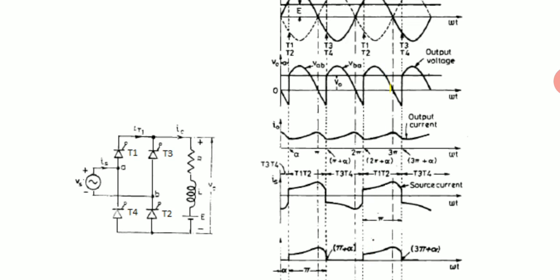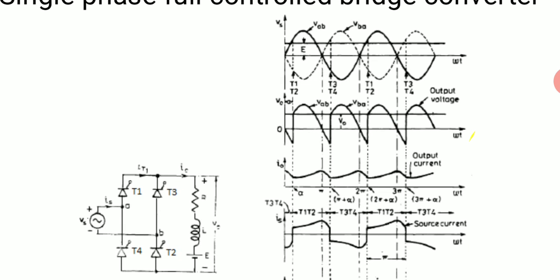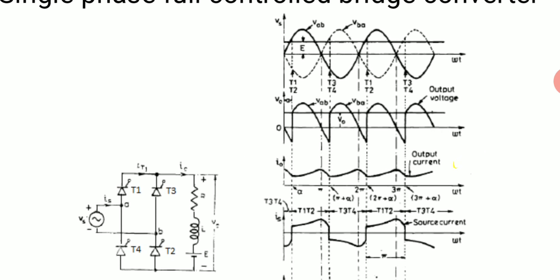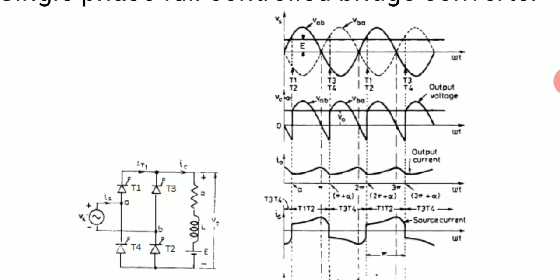In this case, here you can see that we have represented Vs voltage in form of two sine waveforms. One is represented by solid line and the other one is represented by dotted line. The waveform represented by solid line is Vm sine omega t, and the waveform represented by dotted line is reverse of that, that means minus Vm sine omega t.